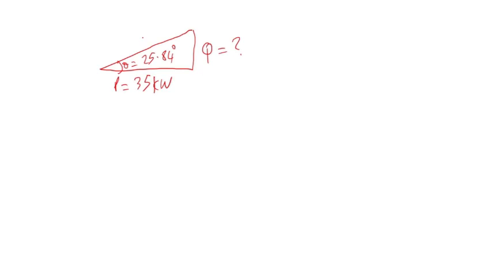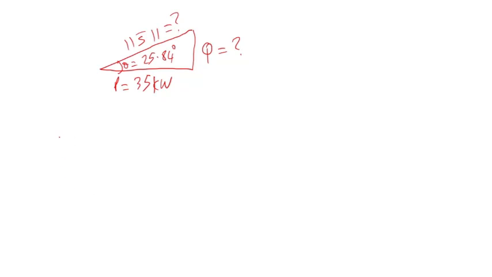So the angle is 25.84 degrees. So again, if I draw the power triangle, I know theta is equal to 25.84 degrees. I know P is given as 35 kilowatt. So I need to find Q and I need to find S, or complex power.